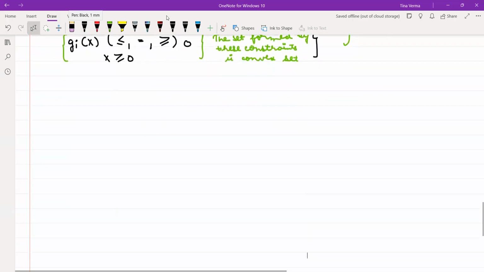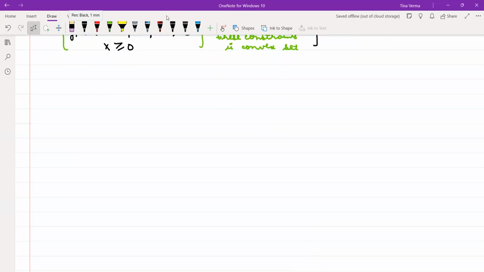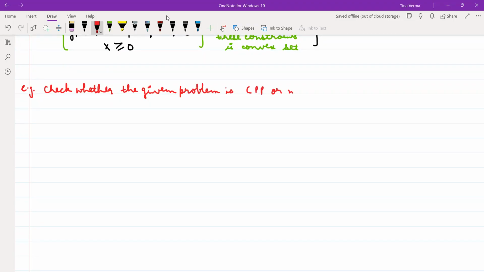The next thing we are going to do is check, for example, whether the given problem is a convex programming problem or not.